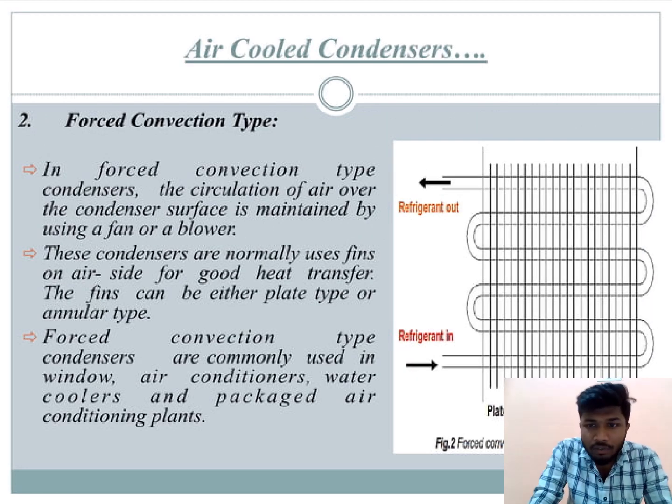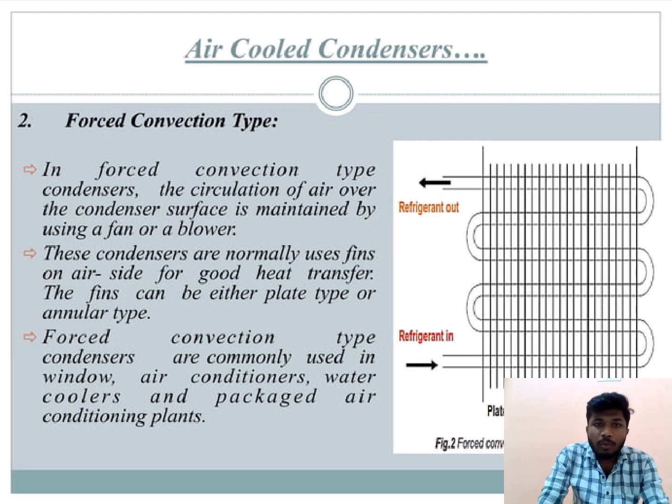In forced convection type condensers, the circulation of air over the condenser surface is increased by using a fan or a blower. We generally see in some refrigerators there is a fan to throw out the hot air. This is the forced convection process.